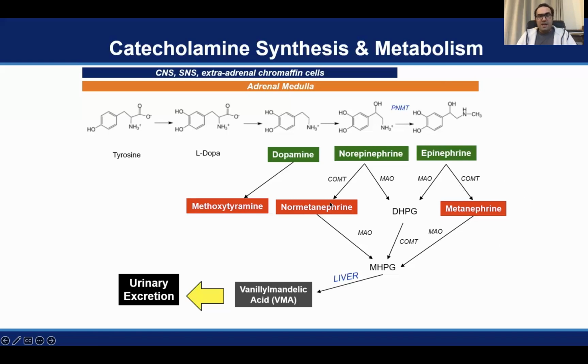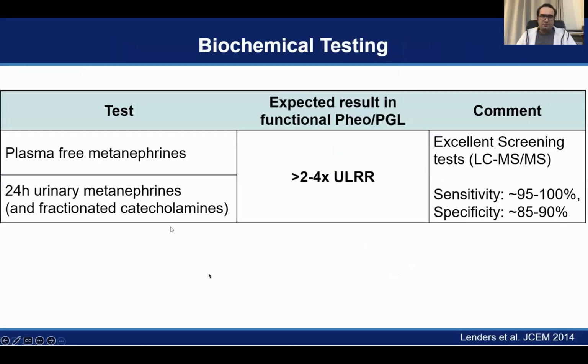While if the patient has raised normetanephrine only, there is a high chance that the patient has paragangliomas, but it is still possible because in 20% of the cases, normetanephrine can arise from the adrenal medulla. Then these are converted into VMA and excreted in the urine. So again, in the guideline, the question is which test should be done? Plasma-free metanephrine is the diagnostic test of choice.